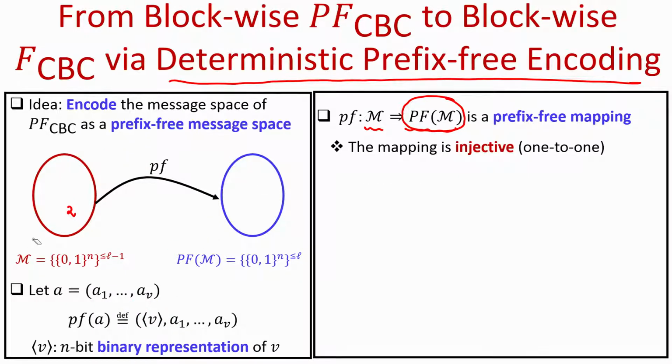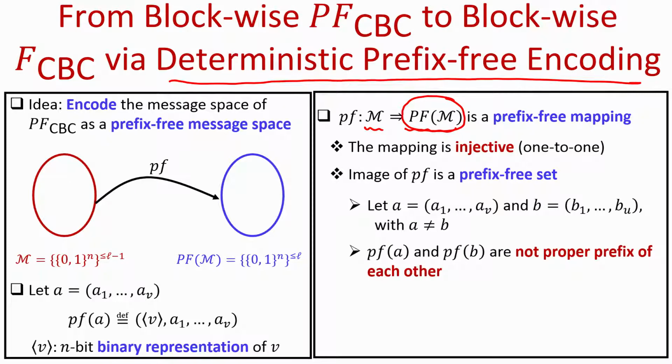Now we want to prove that the image set of PF, namely all the encoded messages that we get as per this mapping, constitutes a prefix free set. Imagine you have two inputs belonging to the message space, the input sequence A and another input sequence B, consisting of V and U number of blocks, and say A and B are different inputs.